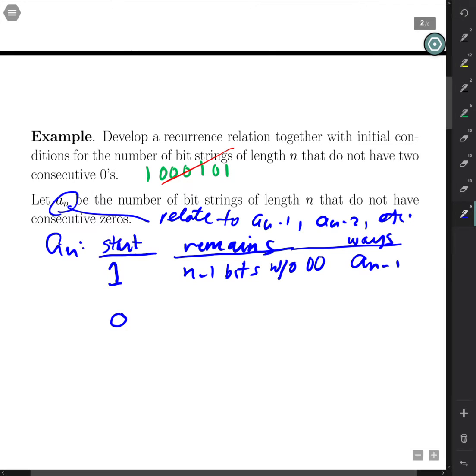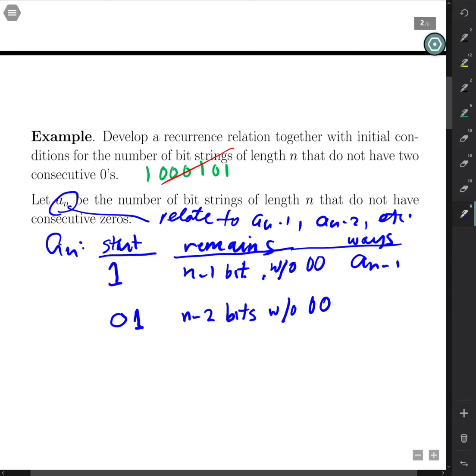So if we started with a 0 here, this is a little tricky because we can't just take the number of bit strings without 0, 0 now, because one of those might just start with a 0, 1, something like that. I'm going to erase that in a second. And that wouldn't work because doing that we'd have consecutive zeros. So the only way this works is if we have the case where it's actually 0, 1 to start it, and then we have n-2 bits without 0, 0 left to do it.